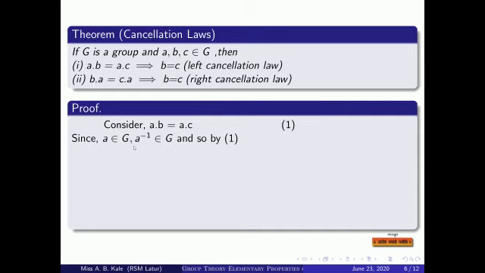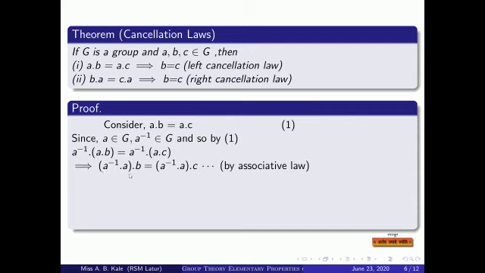A inverse again belongs to G, and so by pre-multiplying by A inverse to equation 1, we get A inverse into A dot B is equal to A inverse dot A dot C. Now G is a group, therefore by associative property, (A inverse into A) into B is equal to (A inverse into A) into C, and it gives E dot B is equal to E dot C, since A inverse into A is identity.